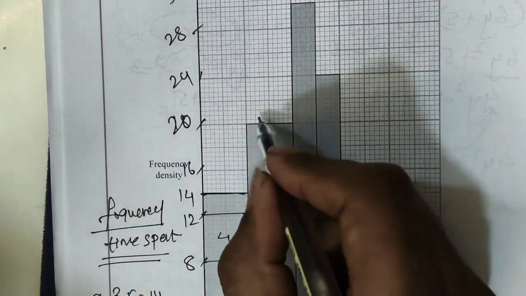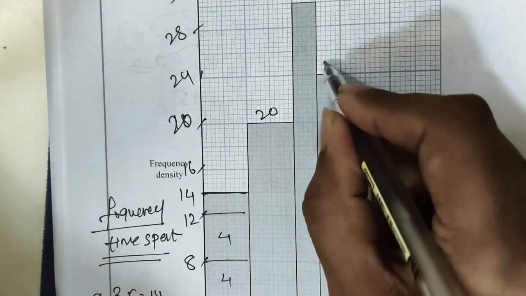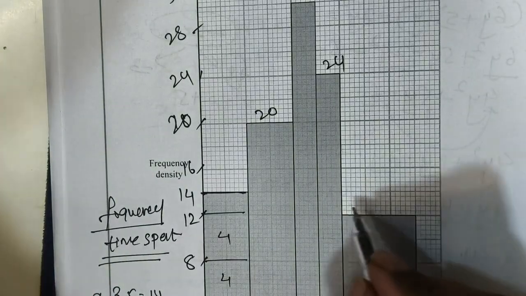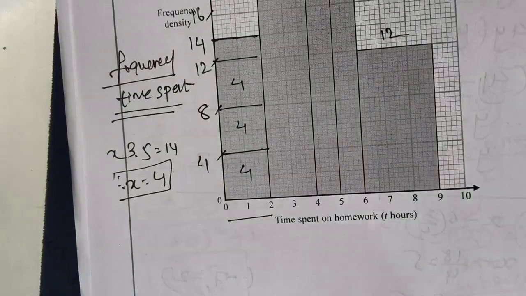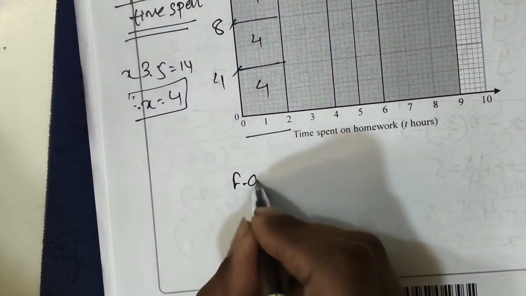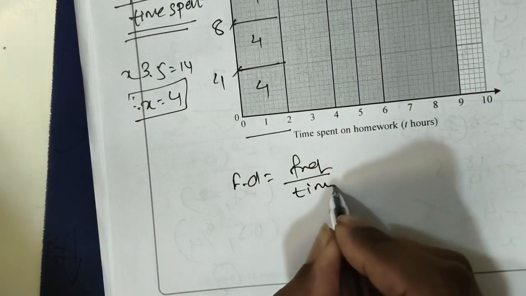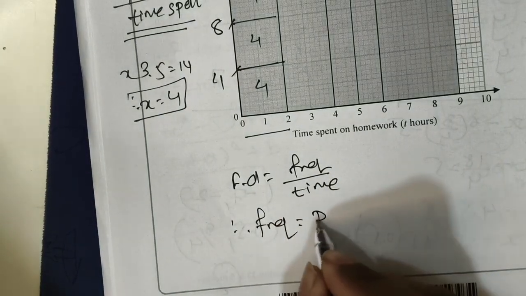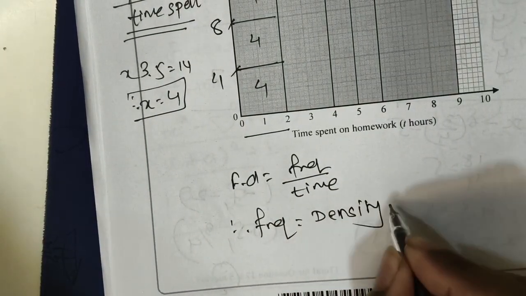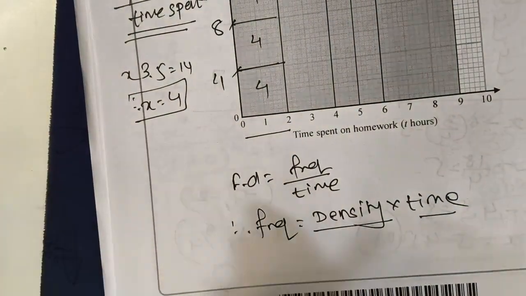So this is 14, this should be 20, this should be 30, this should be 24, this whole thing should be 12. Correct? Now I know frequency density is equal to frequency upon time. Hence my frequency would be density multiplied by time. Correct?